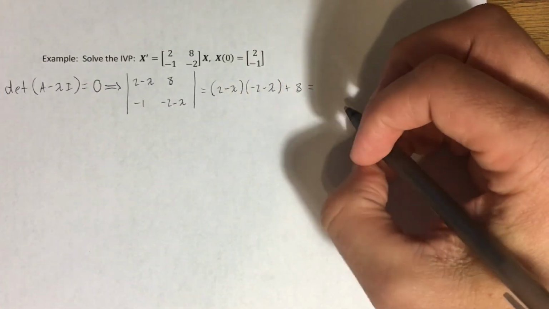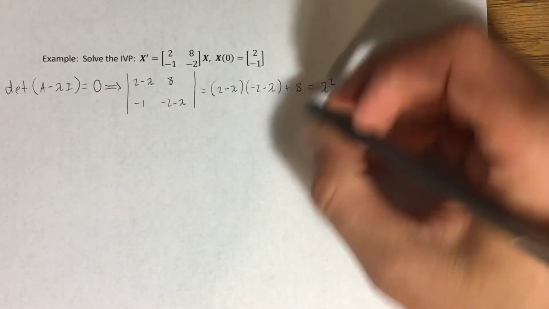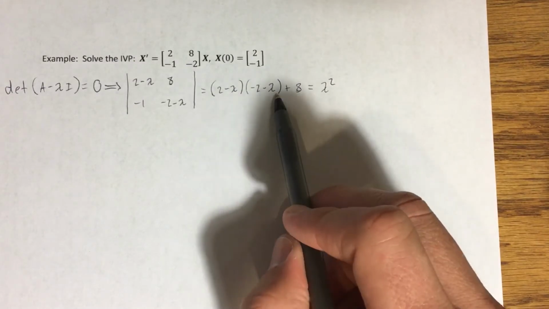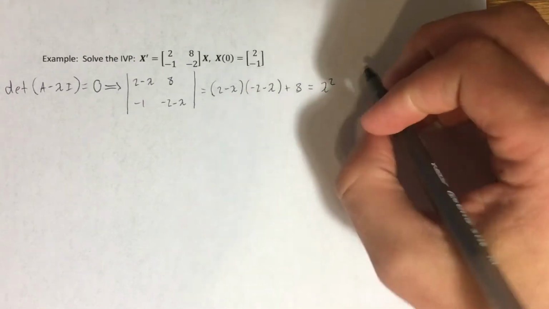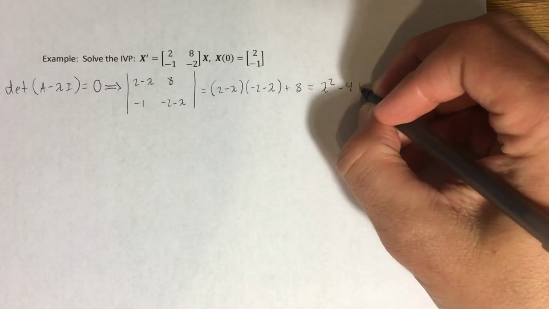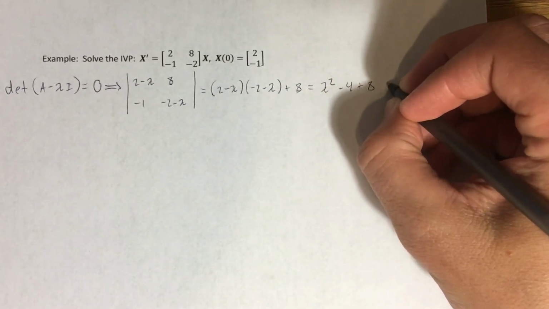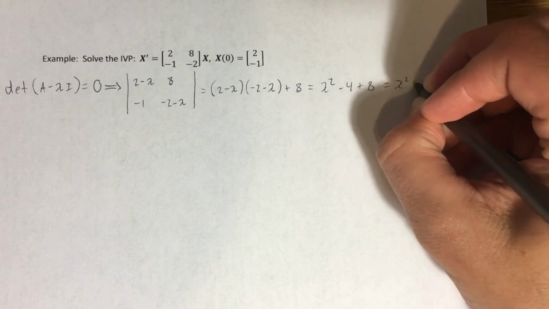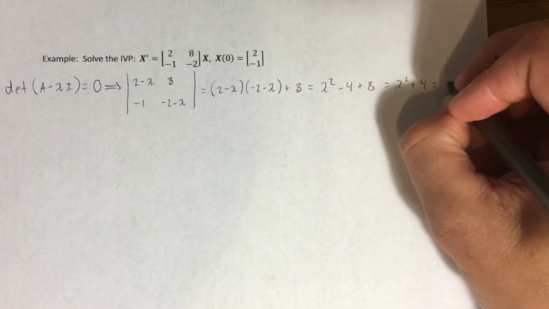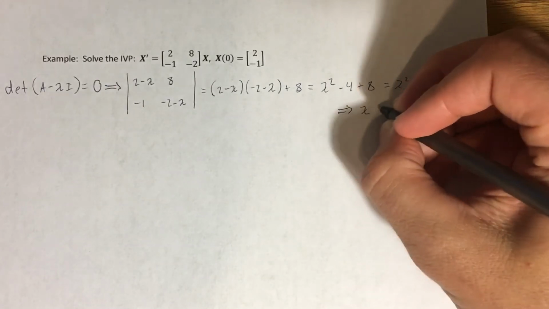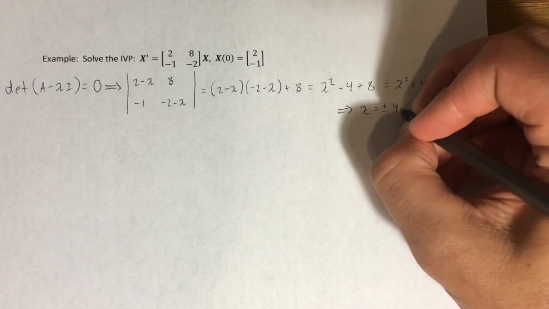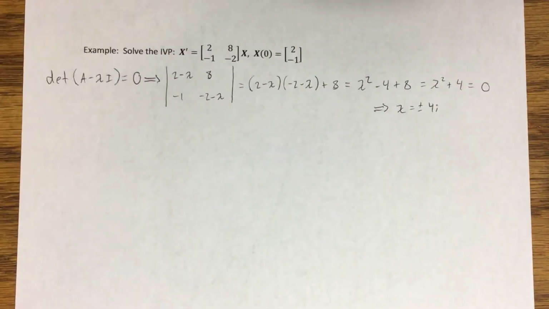This is equal to lambda squared; the negative 2 lambda and positive 2 lambda cancel out, and then I get minus 4 plus 8. That's the same thing as lambda squared plus 4 equals 0. That implies that lambda is equal to plus or minus 2i, so two complex solutions.